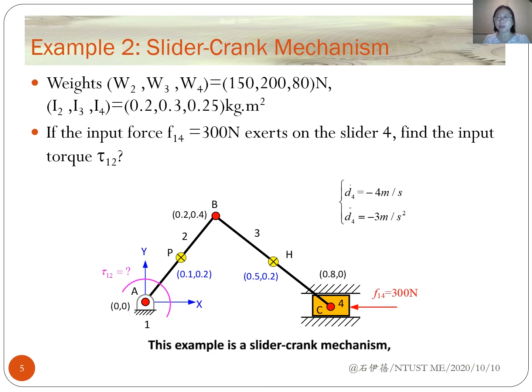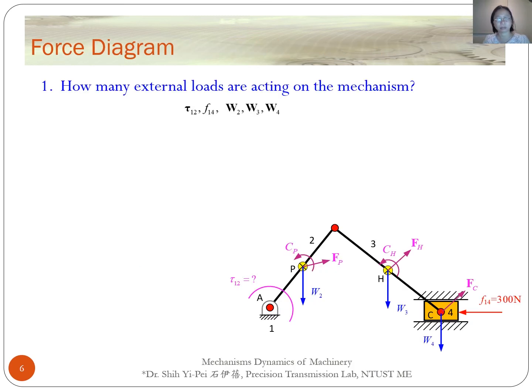This example is a slider crank mechanism. According to the given parameters, we do a kinematic analysis to get the velocities and the accelerations which we are concerned with. In this case, we need to find input torque tau12. We have torque tau12 and force F14 and weights W2, W3, and W4.